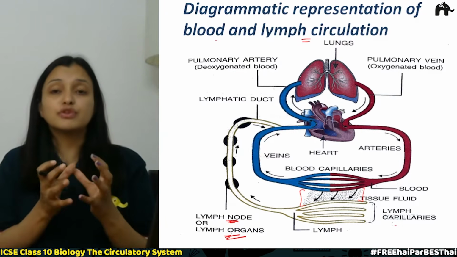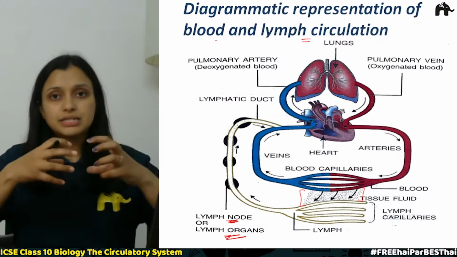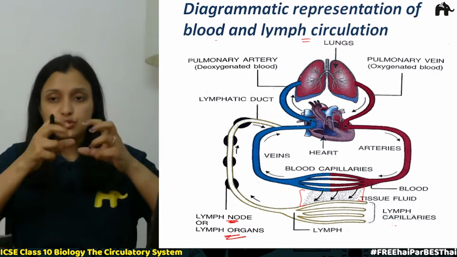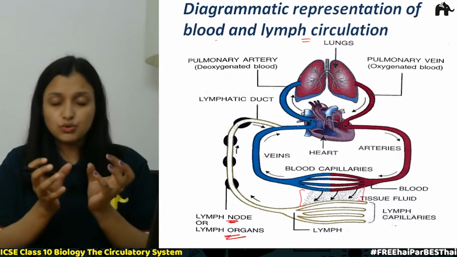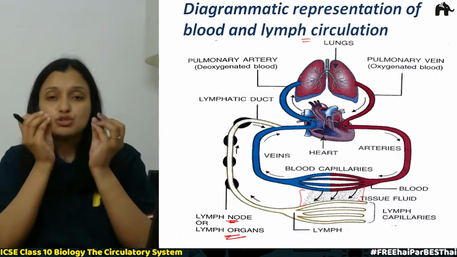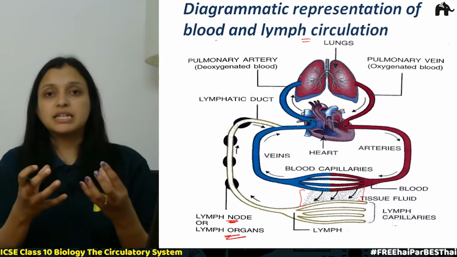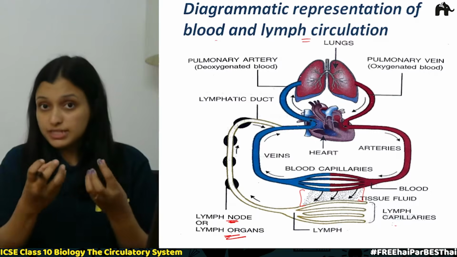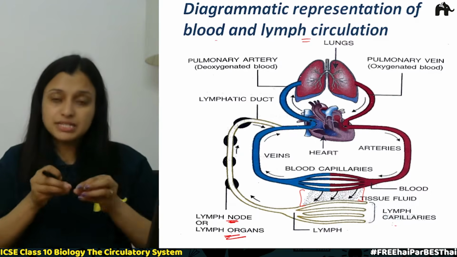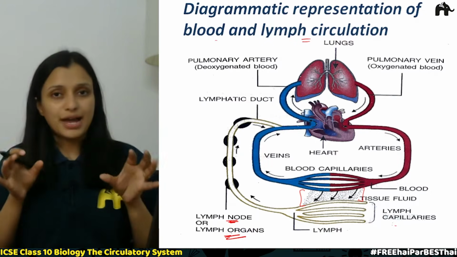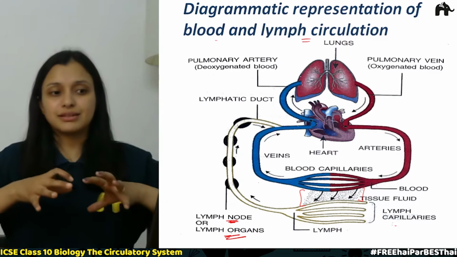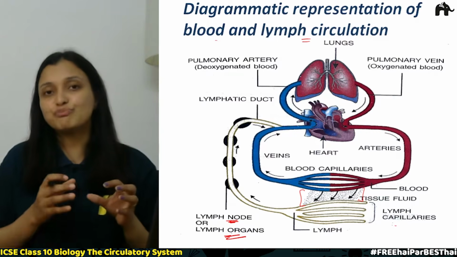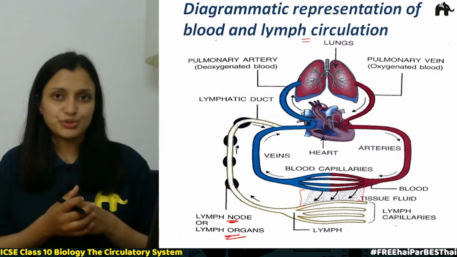This tissue fluid is basically present inside the spaces of the cells. So there are different cells, and the tissue fluid is present between the spaces of these cells. So I hope this diagrammatic representation of blood and lymph circulation is clear to you.